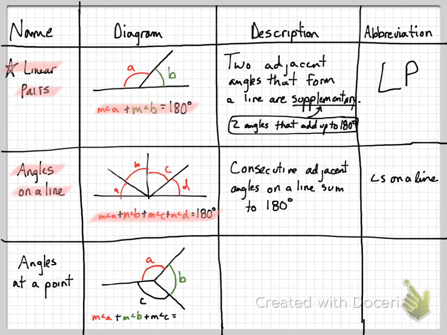If I start here where A and C meet, and I go all the way around to the end of angle C, then that's 360 full degrees, a full rotation around. And the name itself will hopefully make sense because it's angles at a point. This point right here in the very middle, we didn't name it, but the point that we're going around is the point, so we have 360 degrees going around that particular point.